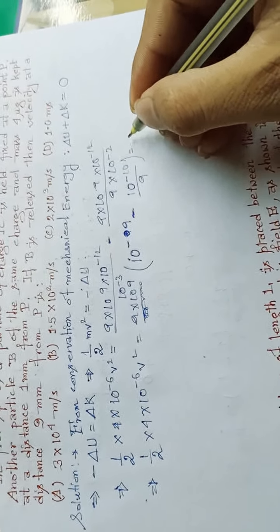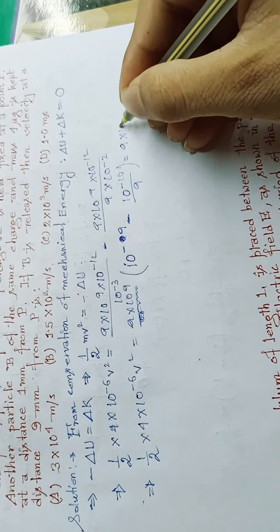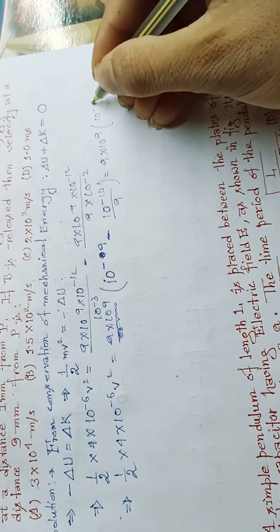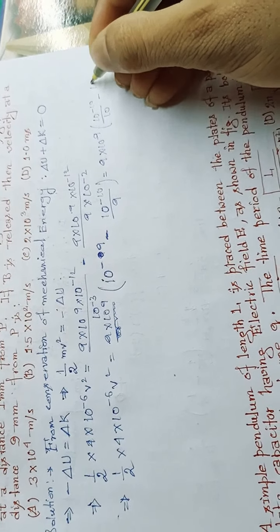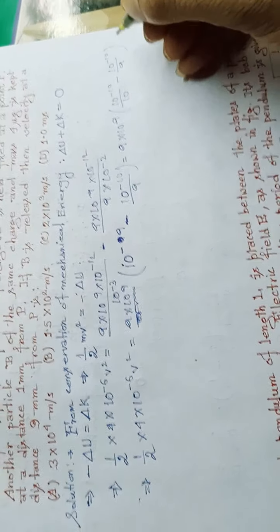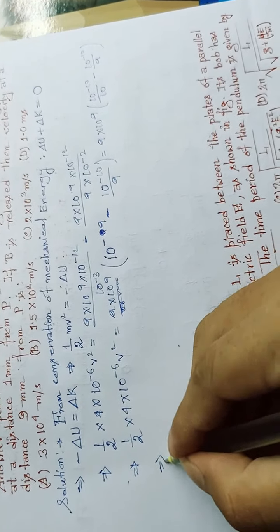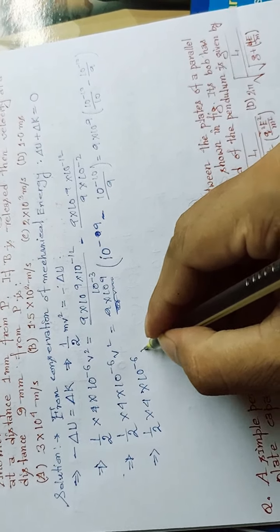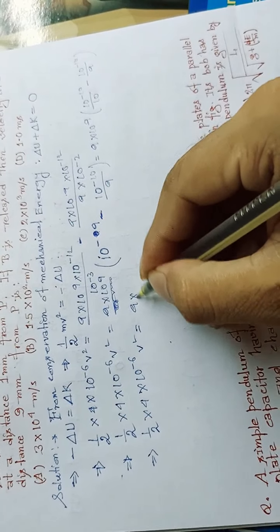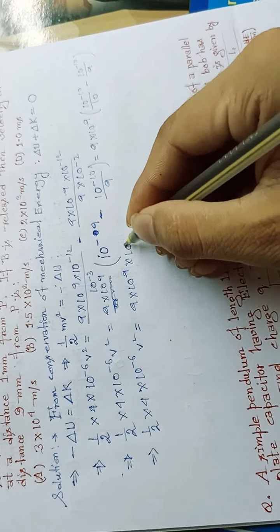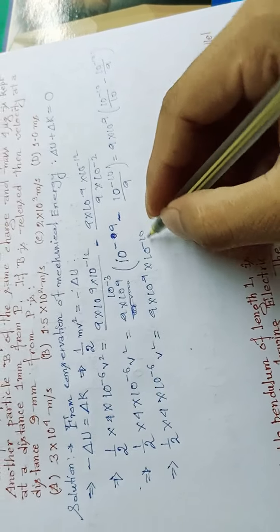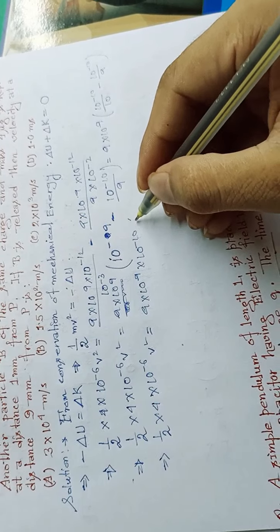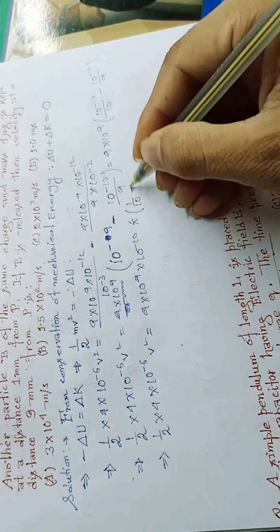So again we can write this as 9 into 10 to the power 9 into 10 to the power minus 10 into 1 divided by 10 minus 1 divided by 9.